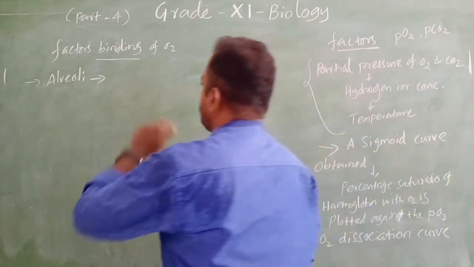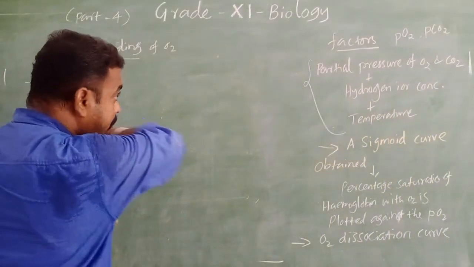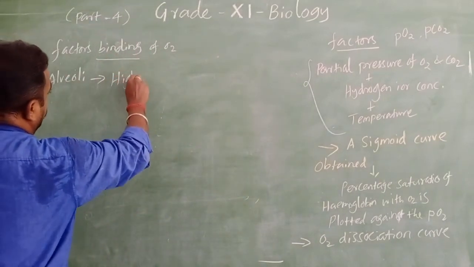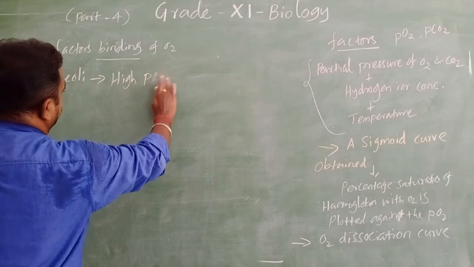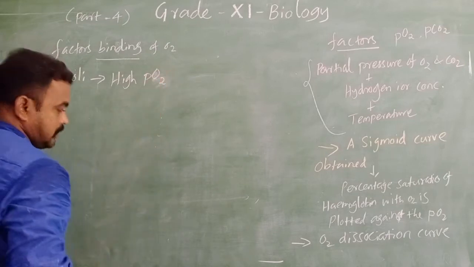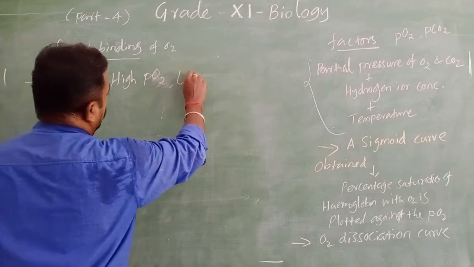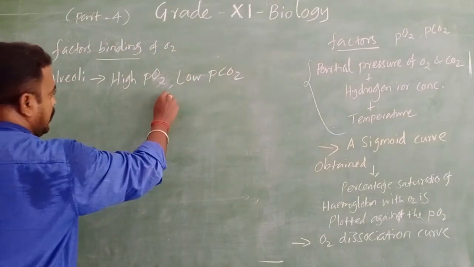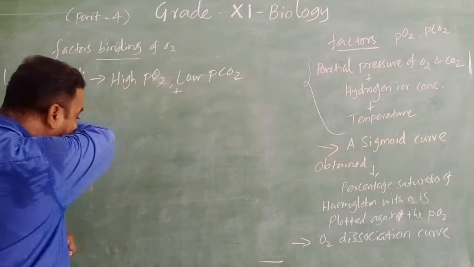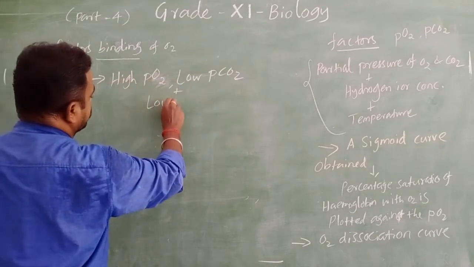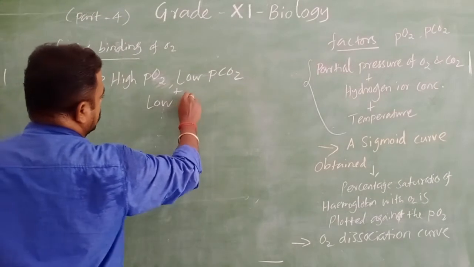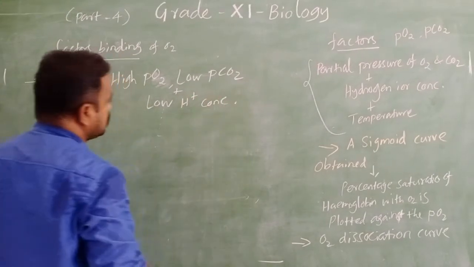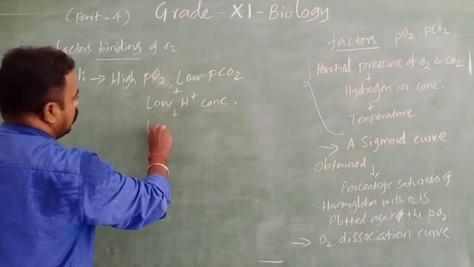In the alveoli, what happens? Here there is high partial pressure of oxygen and low partial pressure of carbon dioxide, plus low hydrogen ion concentration, plus low temperature.